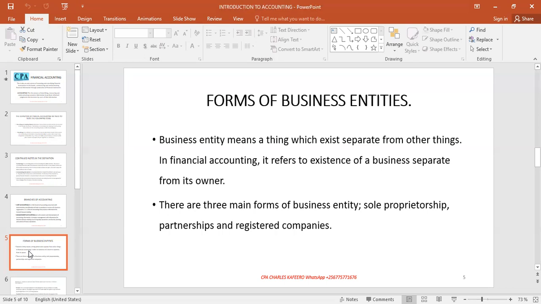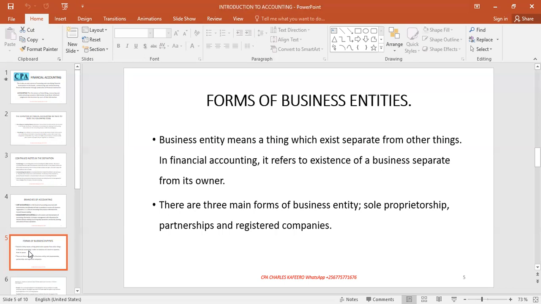We can even add some other businesses like departmental stores, but the emphasis is on these three: the sole proprietor, the partnership, and the registered companies. Even for the departmental stores, what we are looking at is how they are operated.